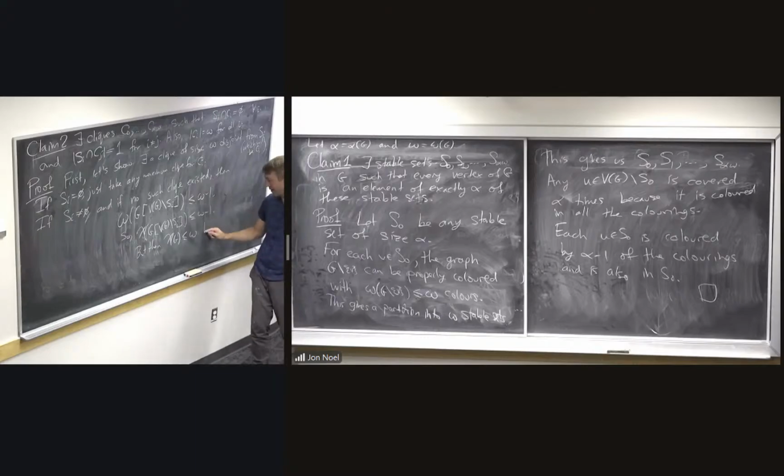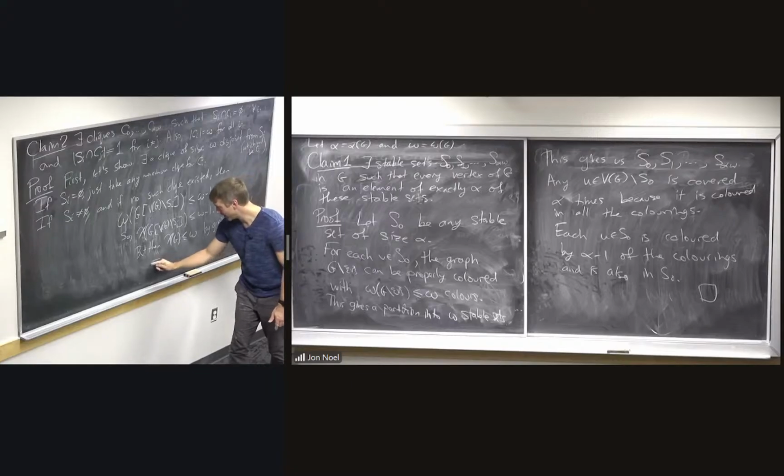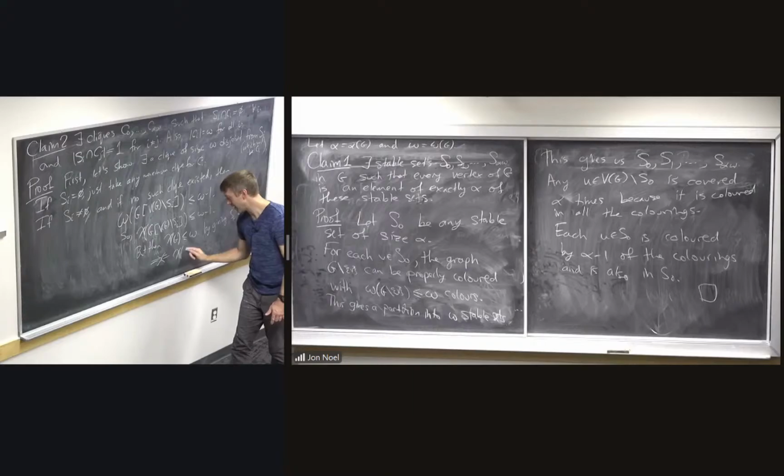By giving S_I a new color that's not among those colors, the chromatic number of G would be at most omega. But this contradicts something we said earlier, because the chromatic number of the graph we said is bigger than omega. We derived that earlier.